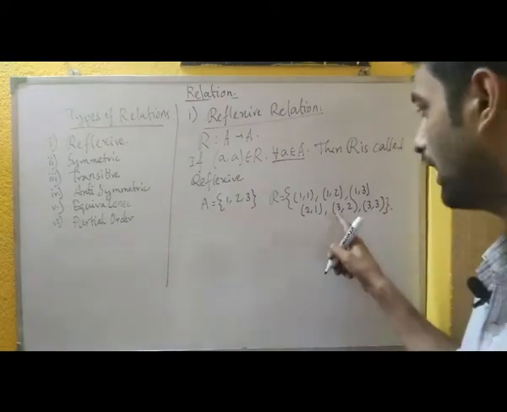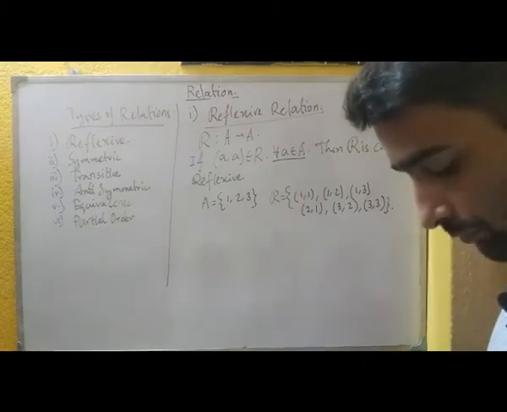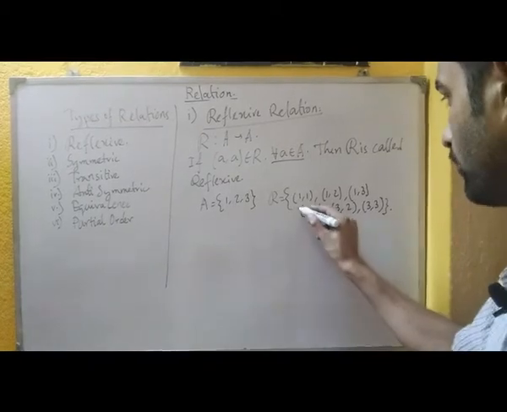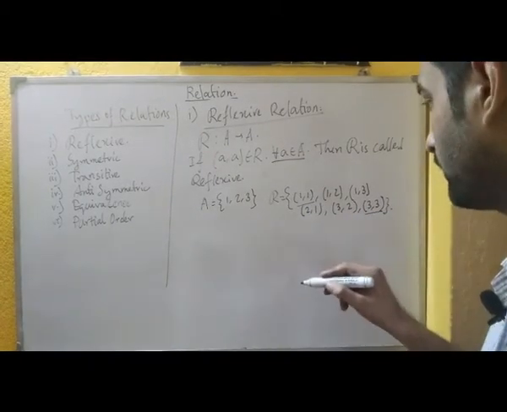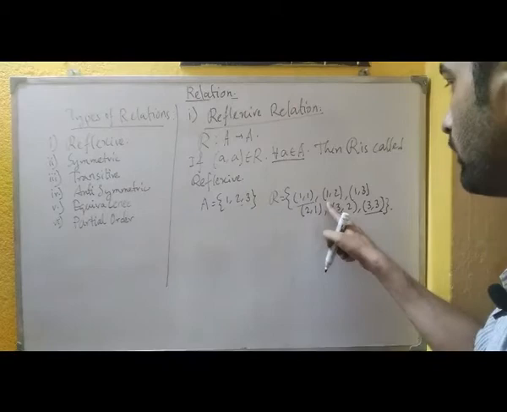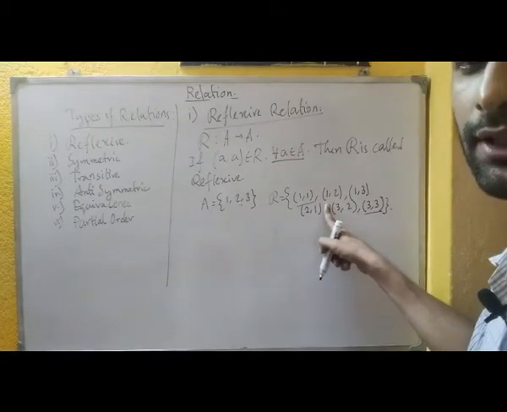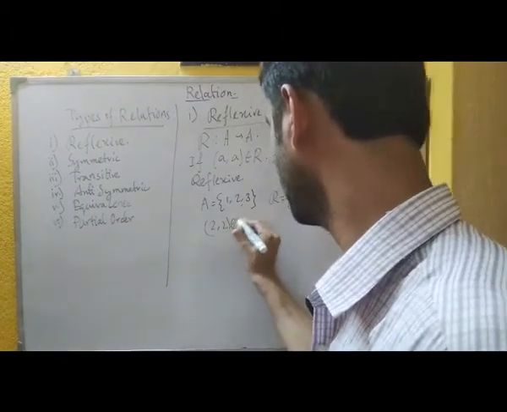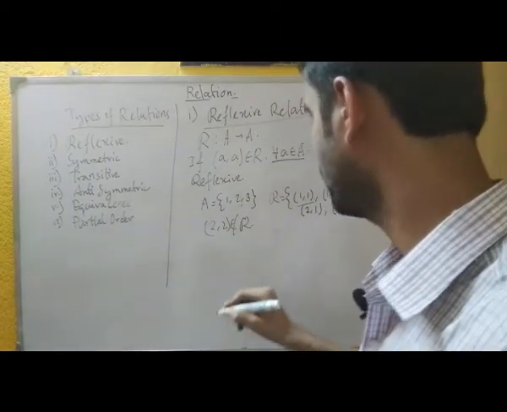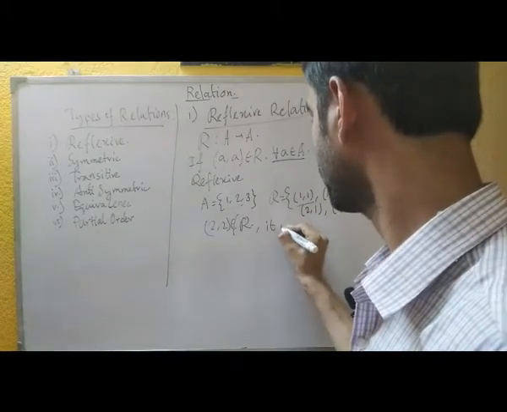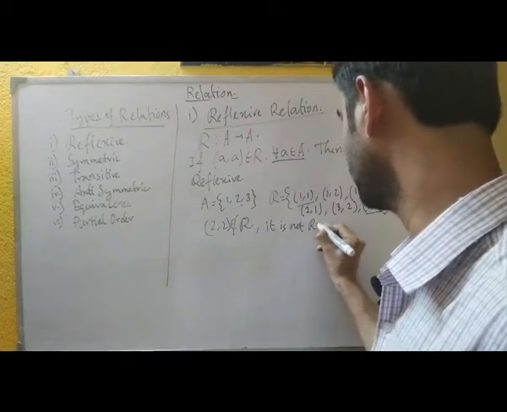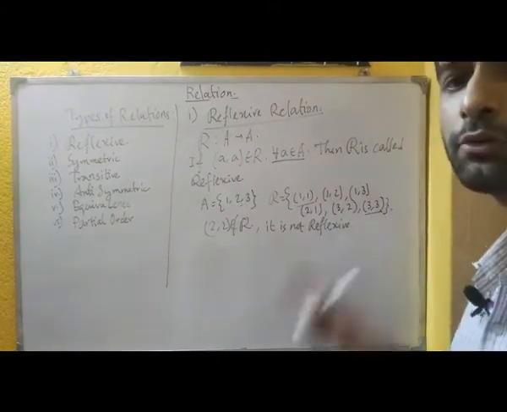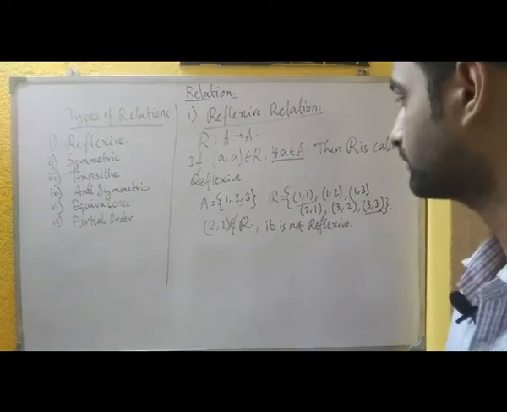So we consider the relation R as this. See whether it is reflexive or not. Clearly we can see that there is (1,1), there is (3,3), but for the element 2, we don't have the ordered pair (2,2) in the set. Since (2,2) doesn't belong to R, it is not a reflexive one. To be reflexive, the element (2,2) should be in the relation.